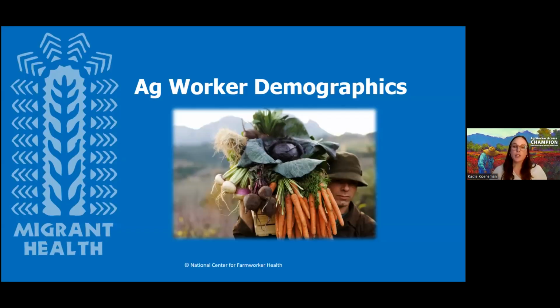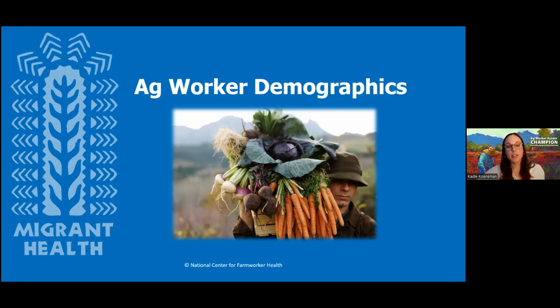So a great way to start with understanding the agriculture worker population, in addition to the history, is to take a look at the most recent demographic information on the population. The data that we'll be sharing in this next section comes from the National Agricultural Worker Survey, or NAWS, and it provides data on demographics, employment, and health characteristics.